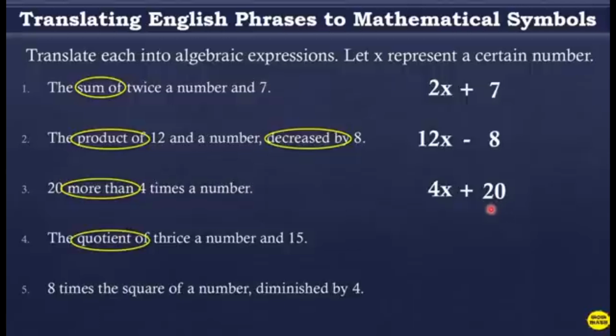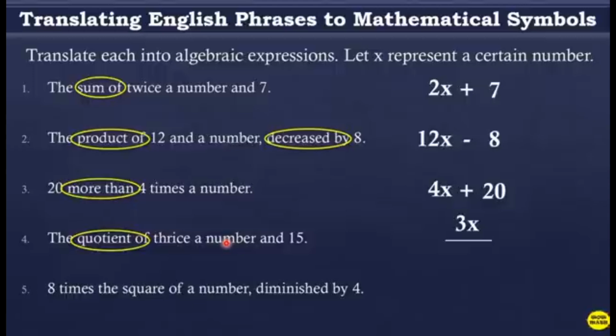Next is the quotient of thrice a number and 15. Since it is a quotient, we're going to write there the quotient or the division or the divide. So let us try to write first the quotient or the fractional bar. Now, the quotient of who? So who are we going to divide? So the quotient of thrice a number.